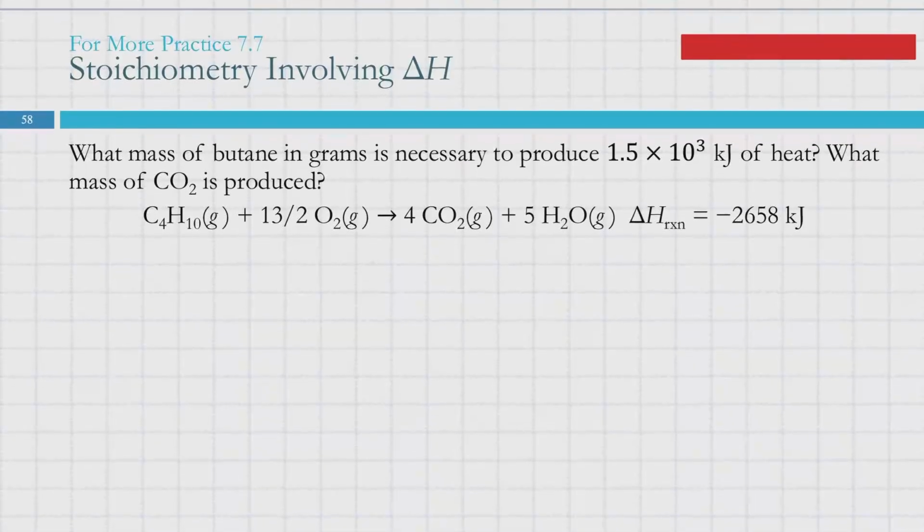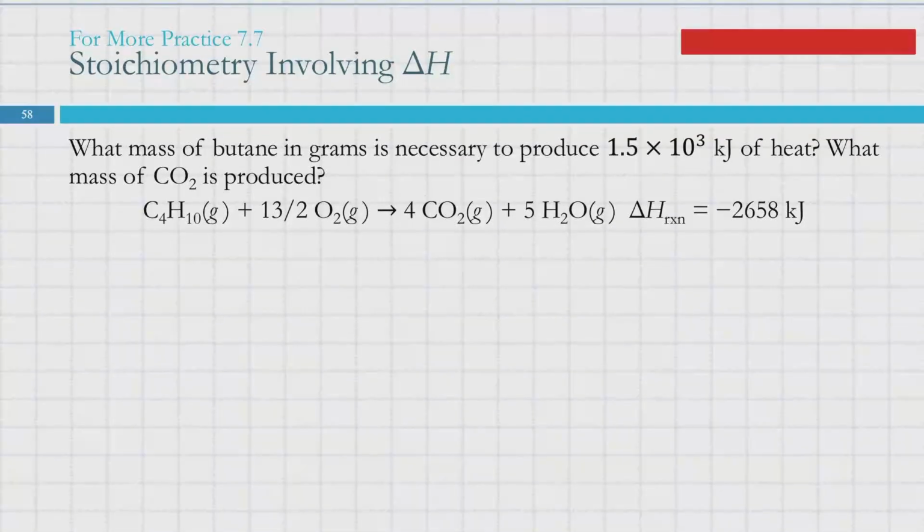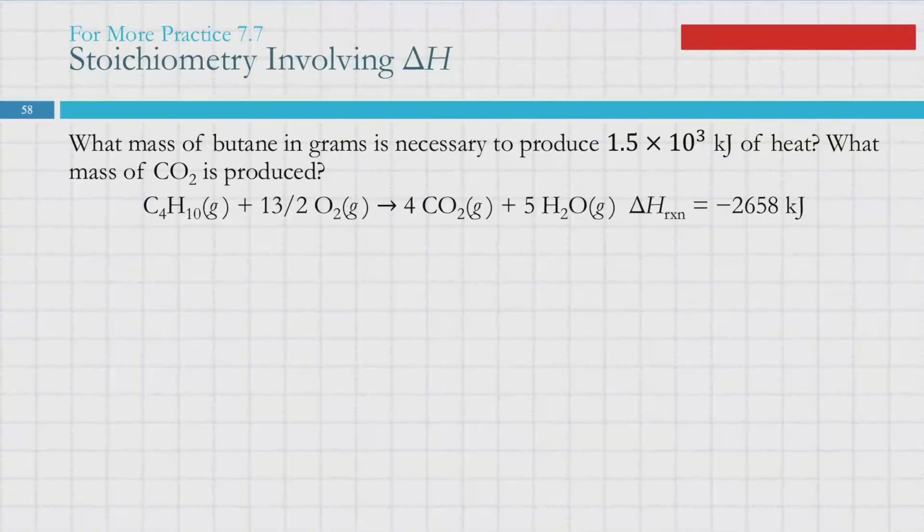Another example, perfect opportunity. What mass of butane in grams is necessary to produce 1,500 kilojoules of heat? And then a related question, what mass of CO2 is produced at the same time? So we're using some energy, and we're also figuring out a mass of CO2.